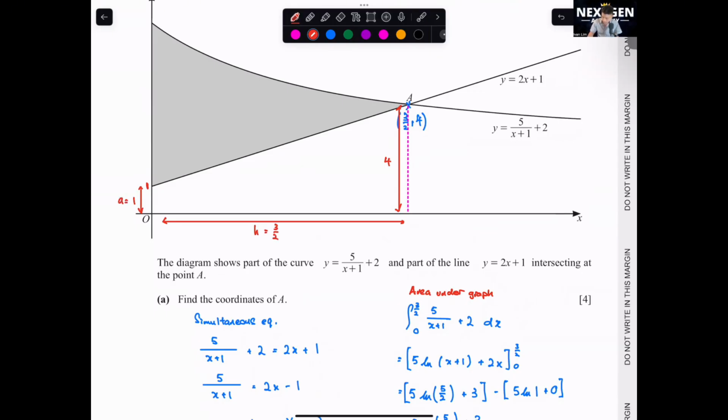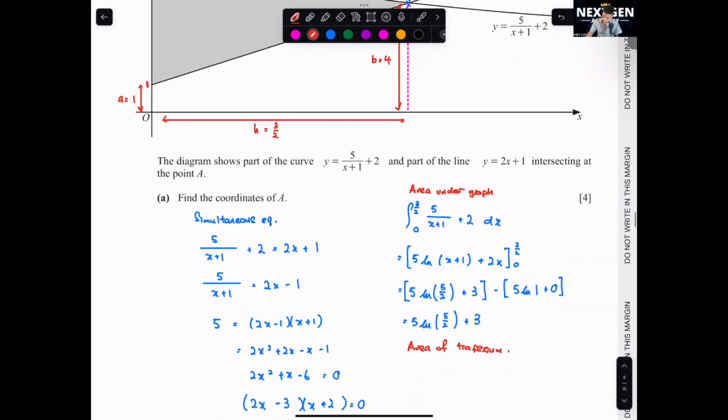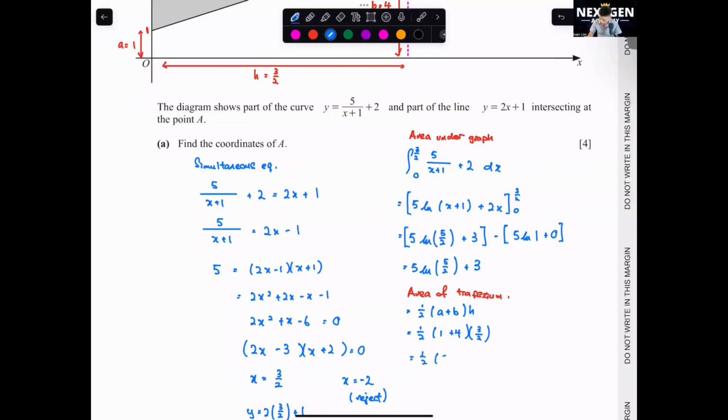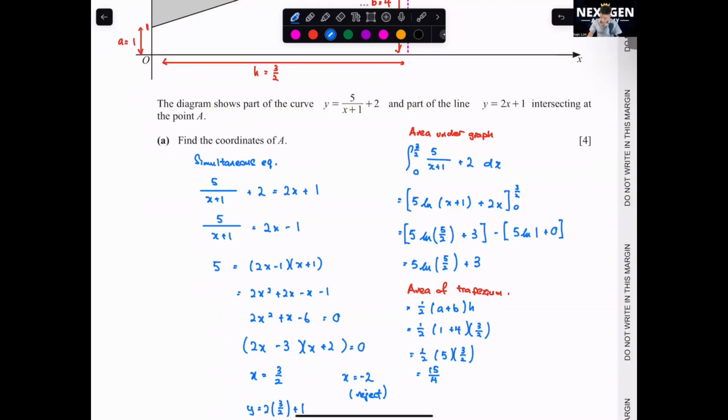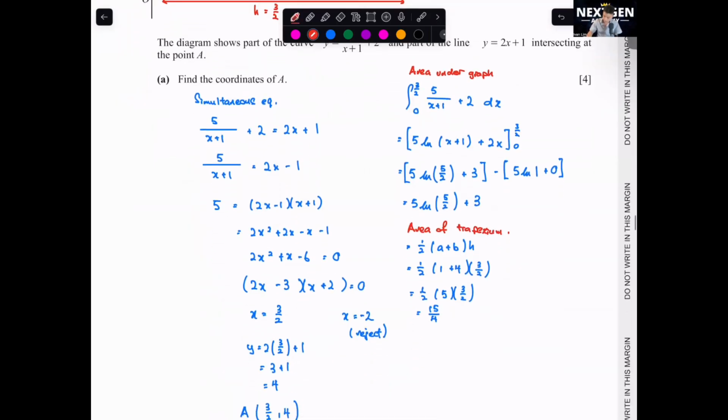This is A. This is B. So we'll use the formula 1 over 2 times (A plus B) times height. A plus B is 1 plus 4, times 3 over 2. So 1 over 2 times 5 times 3 over 2. This will be 15 over 4.